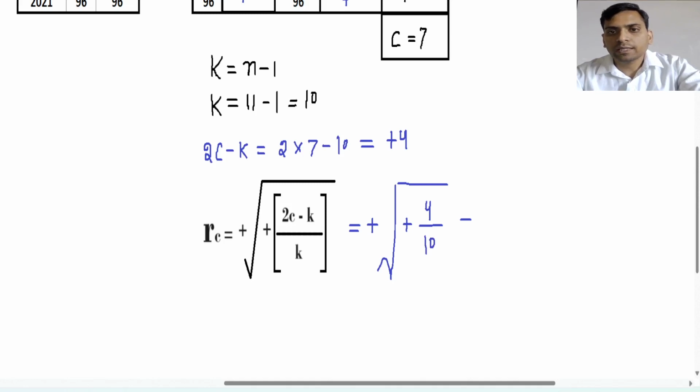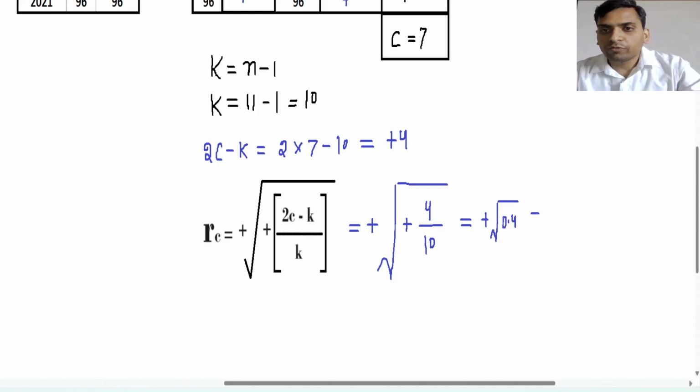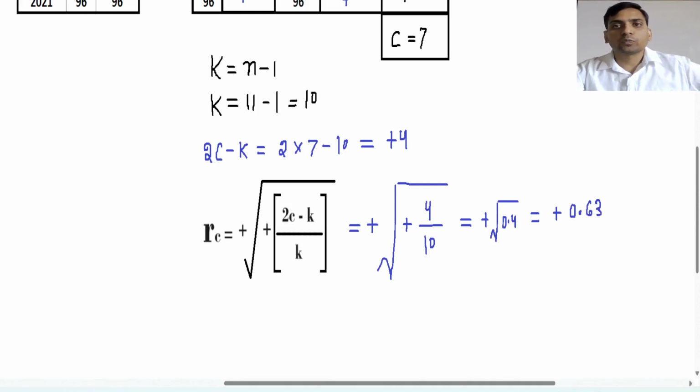So you will see this as plus under root of 0.4. So under root of 0.4, this means you will get plus 0.63. Now this rC is a positive value.